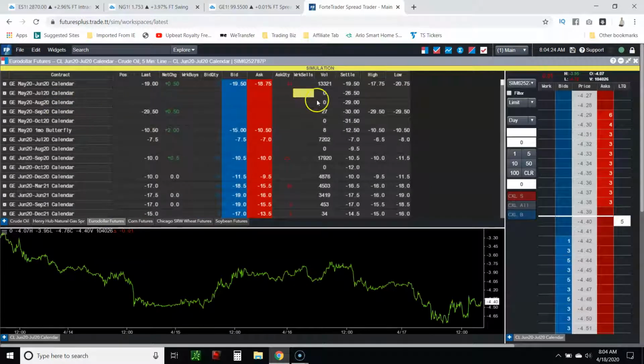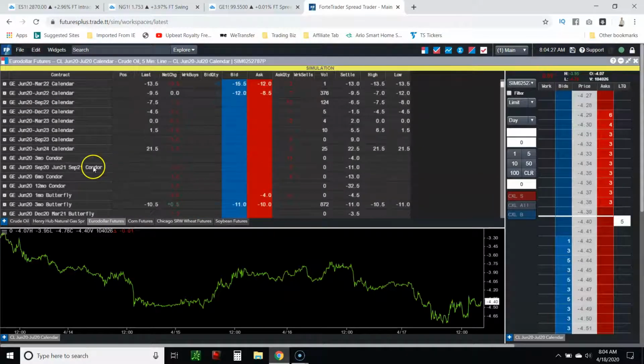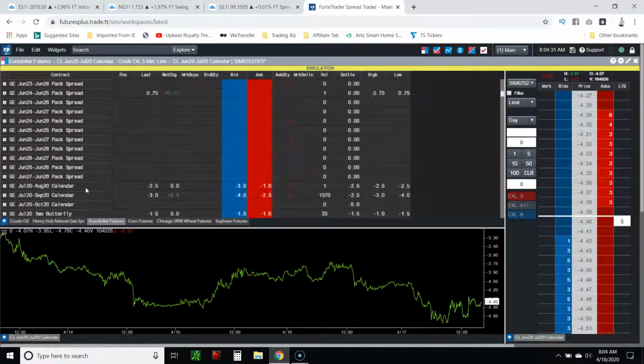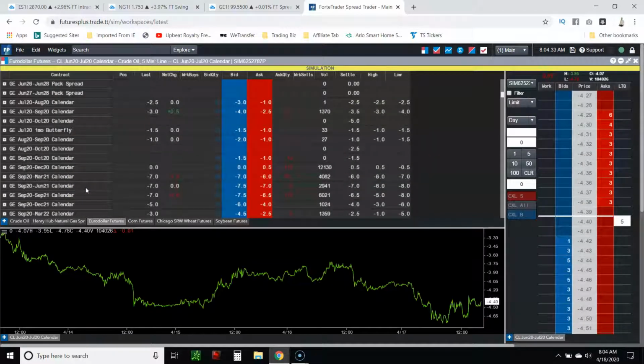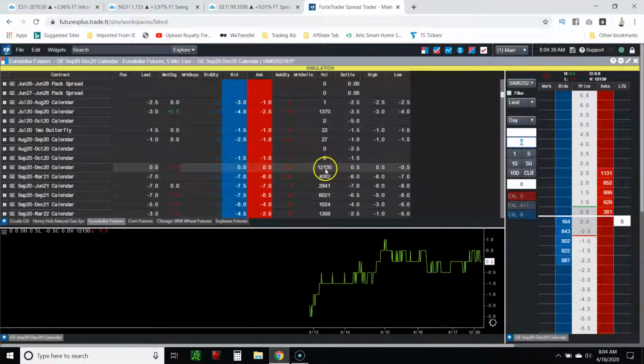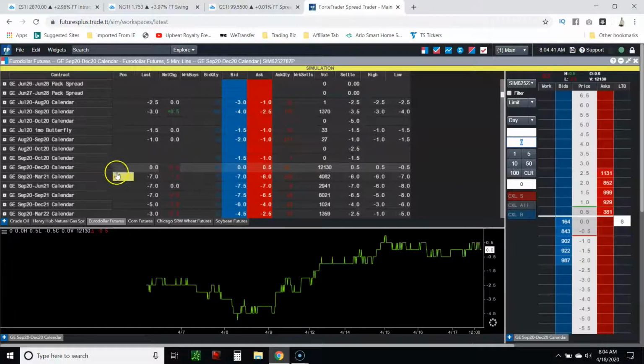So again, I want to come all the way down and look at, since they're quarters, the spreads. Now look, you see this spread has 12,130 contracts. There's reason to that. Okay, that's good. So there's volume there.